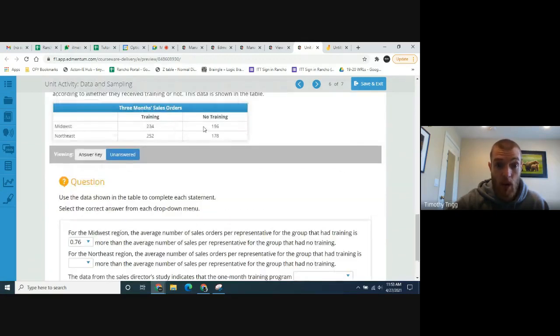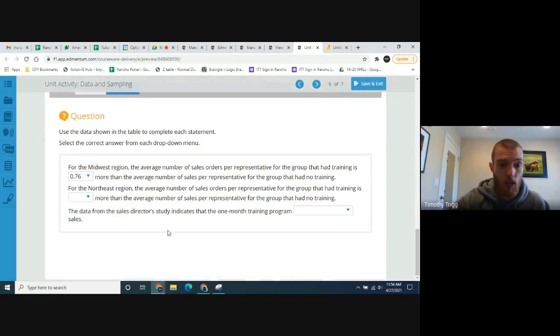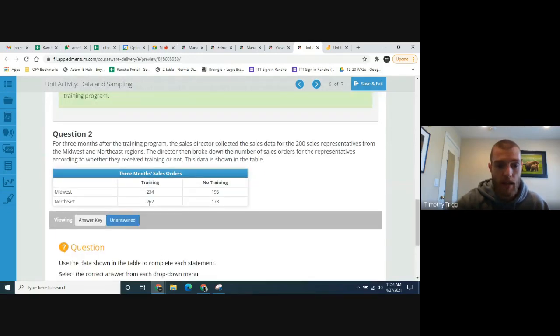These numbers are quite a bit bigger than these. The ones that received training performed much better than those that did not. So the data from the sales director study indicates that the 1 month training program increases sales. It's hard to argue that. This is a pretty substantial increase.